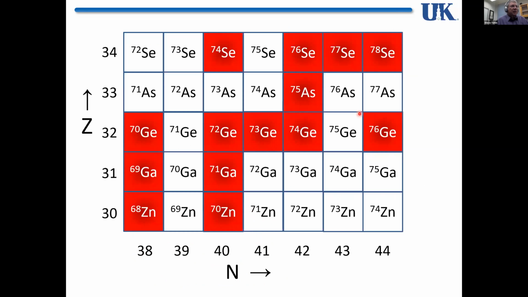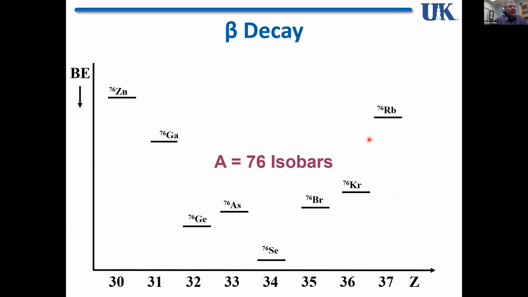If we look at the germanium nuclei, we see that there are 5 stable nuclei for us to study. Germanium 76, of course, is the one that's of most current interest, and that has to do with double beta decay. Let me just say something about beta decay to orient you in this process. If we look at the mass 76 isobars, they are shown here. Selenium 76 is the most stable of those.